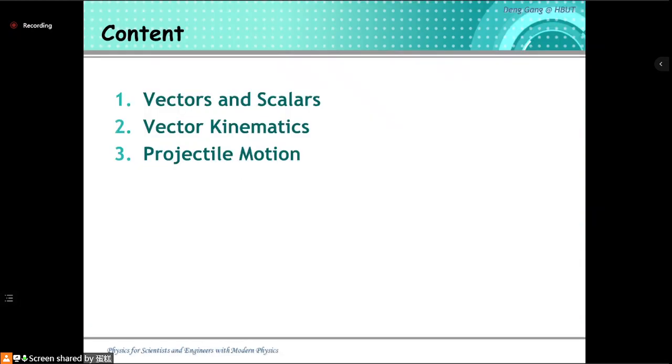So in this chapter, we will investigate these three topics: vectors and scalars, vector kinematics, and projectile motion.